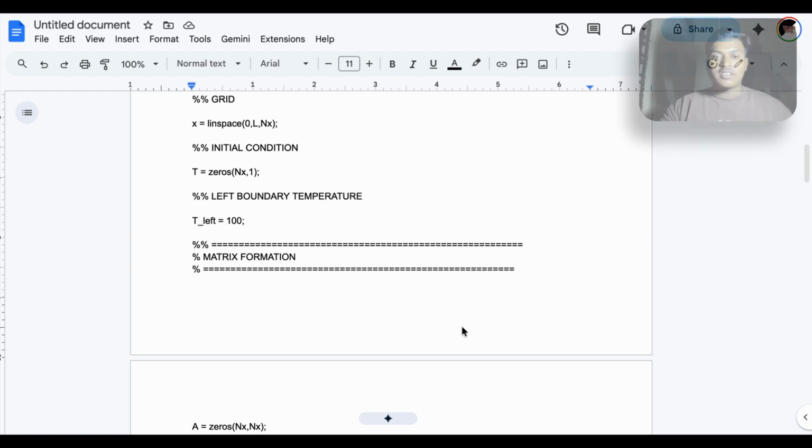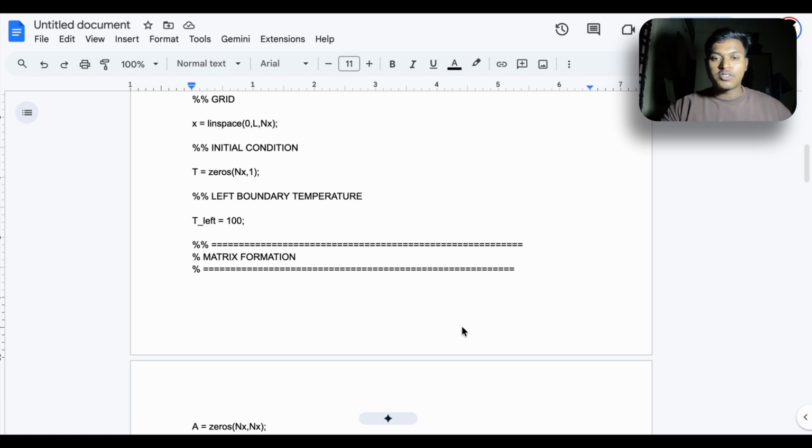Grid generation. Next, the spatial grid is generated using the linspace command. The rod is divided into equally spaced nodes. Here you can see the grid section.